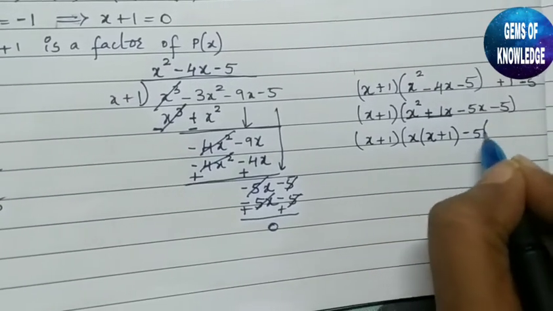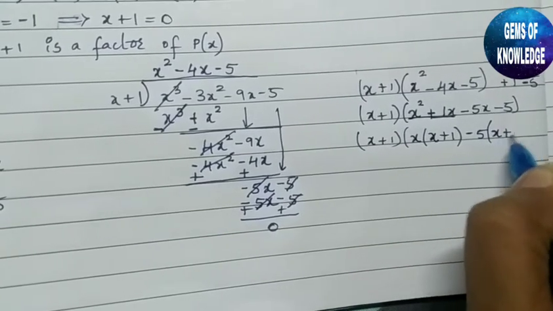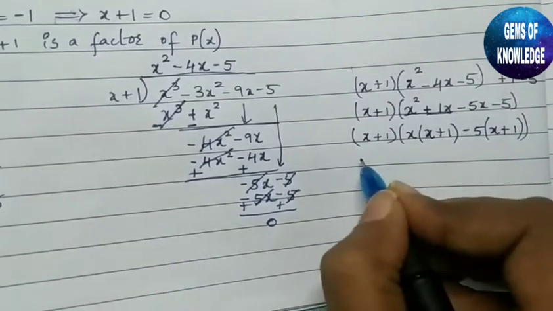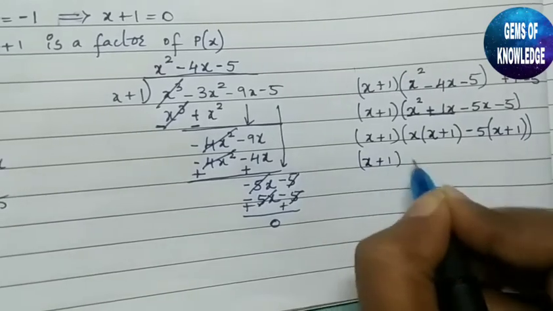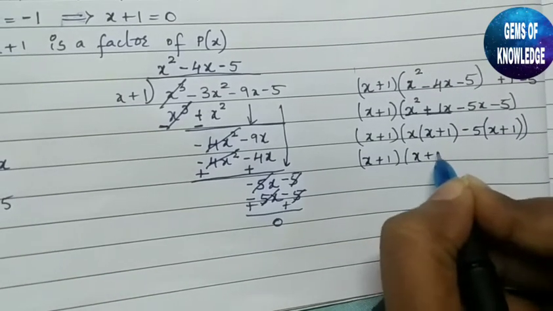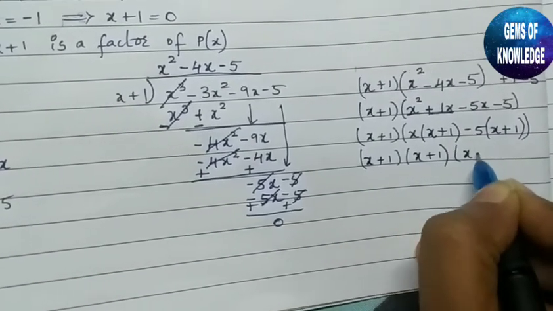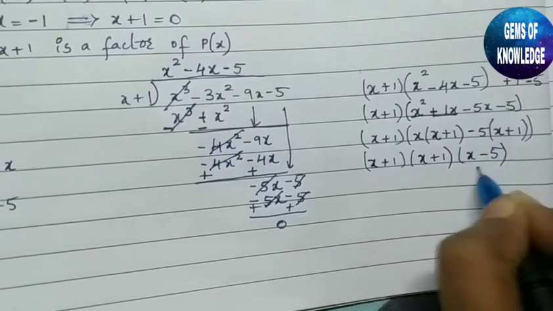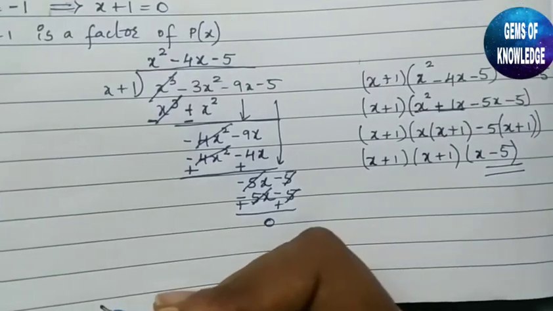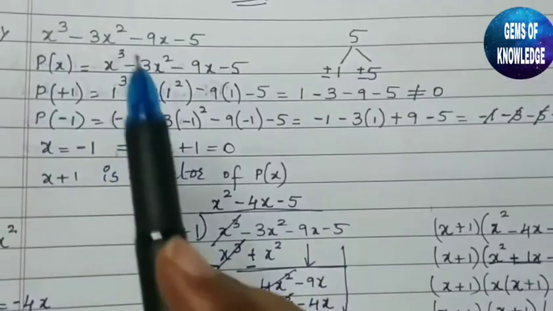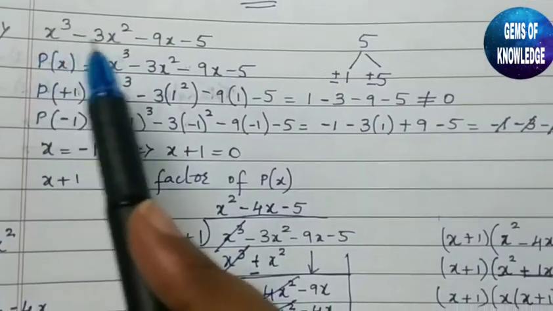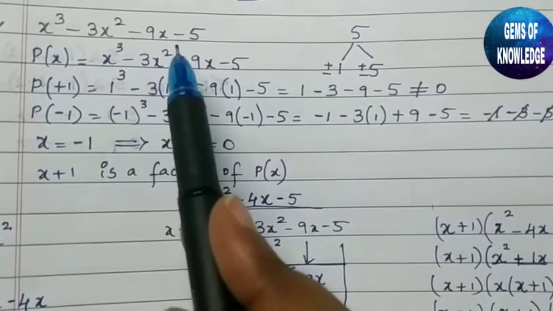Minus 5 will be taken outside, and x plus 1 will be left. So we have x plus 1 into x plus 1 into x minus 5. These are nothing but the factors of the complete term, that is x cube minus 3x square minus 9x minus 5.